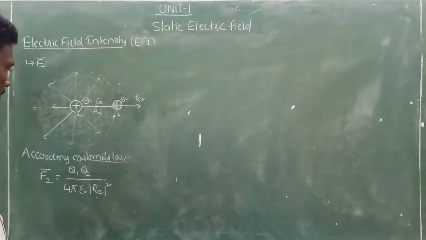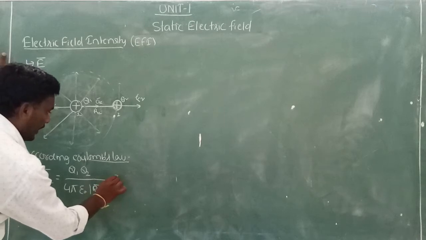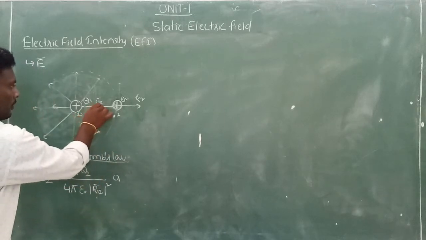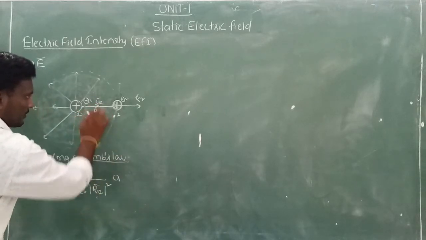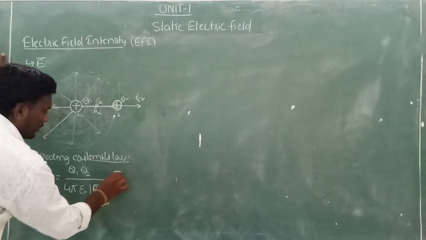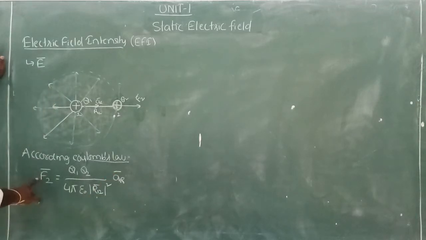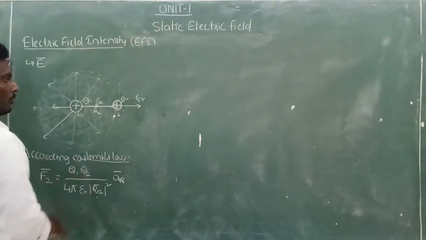Next, the direction is represented by a unit vector, written here as AR bar. This is the force exerted on Q2.